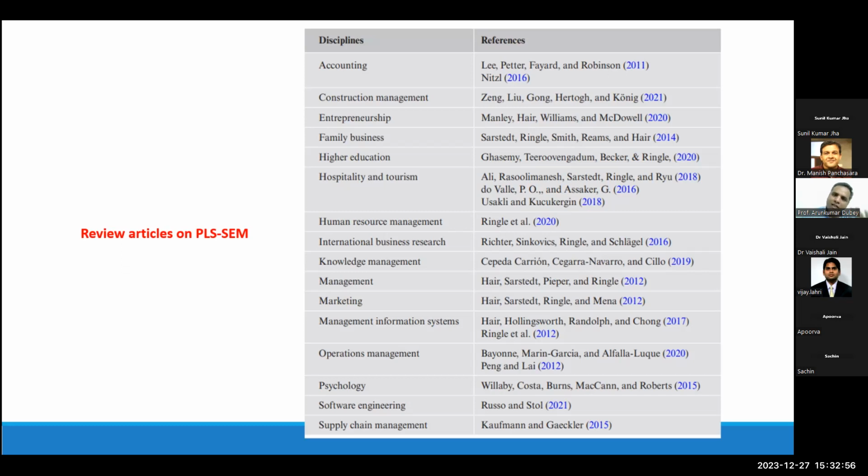In accounting, for example, there are researchers who have used PLS-SEM, and somebody has provided a review of PLS-SEM in all the accounting papers. Similarly, in every discipline you find review papers available on PLS-SEM, and these papers are a good source for your understanding. I have borrowed this from this particular book by Hair et al.